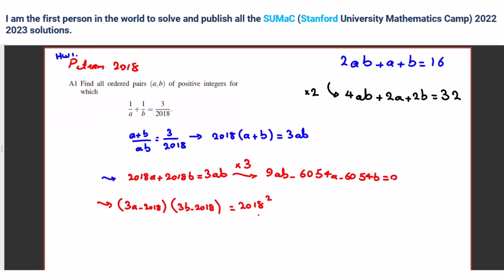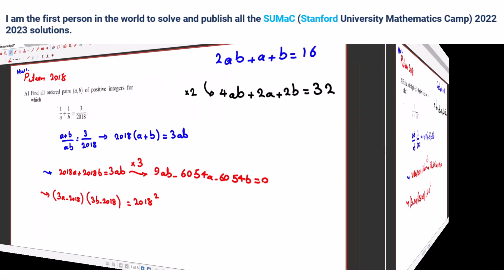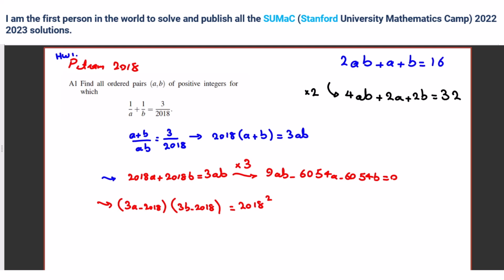Do you want a hint or want to try the rest on your own? Okay, sure. So, sir, I will start by factorizing 2018 squared and seeing all the combinations of multiples which multiply to 2018 squared. Is that correct?